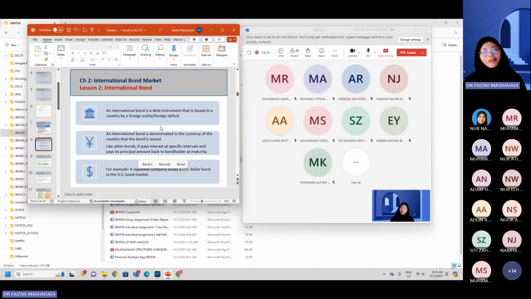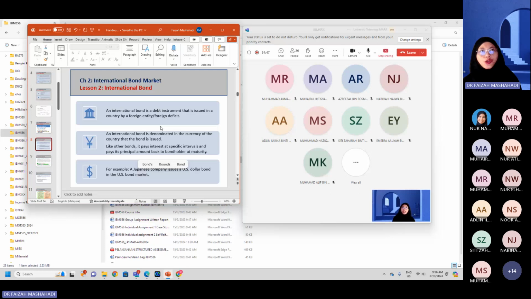All right. So these companies are all foreign entities. If they issue bonds in our country and that bond is denominated in RM, that bond is known as an international bond.